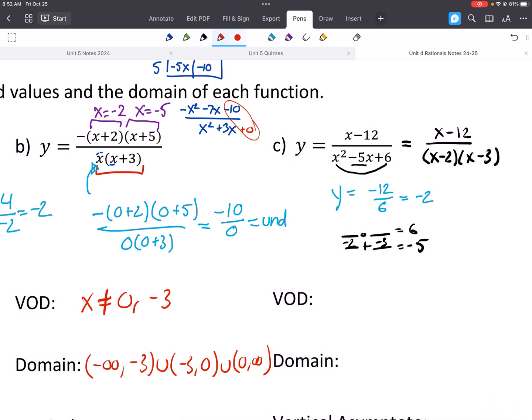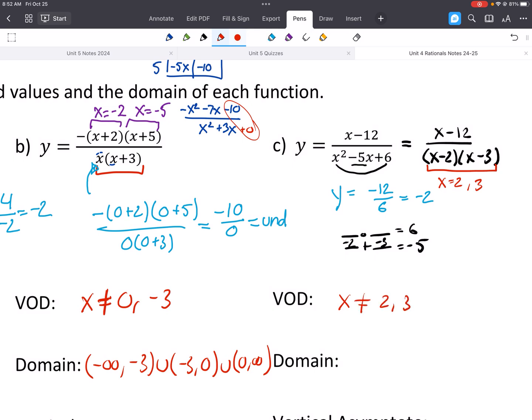So now we can find our excluded values, or our values of discontinuity. So x cannot be 2 or 3. So x cannot be equal to 2 or 3.